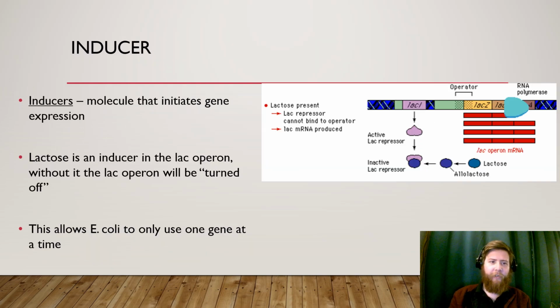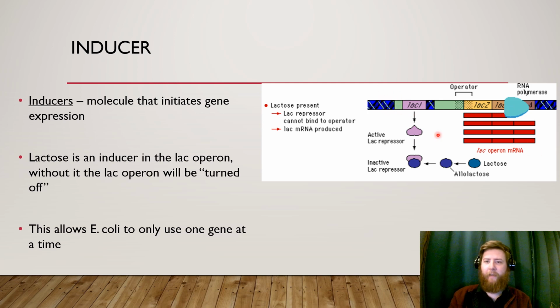All right, inducers. These are molecules that initiate gene expression. So lactose binds to the repressor protein, and it induces that operon by removing that repressor protein. So without lactose, this whole thing is turned off. But when it runs, this RNA polymerase will come over here.